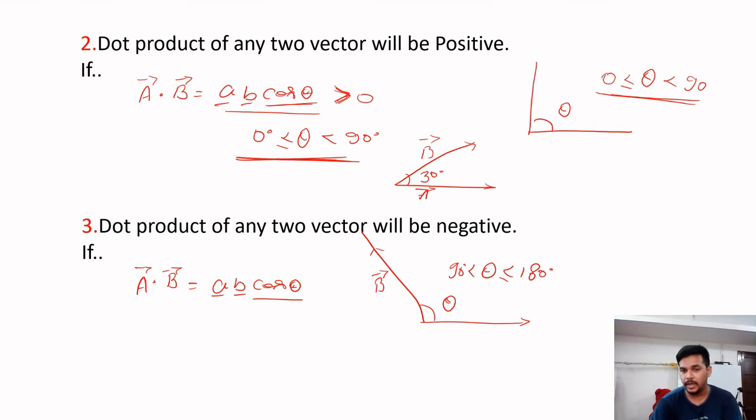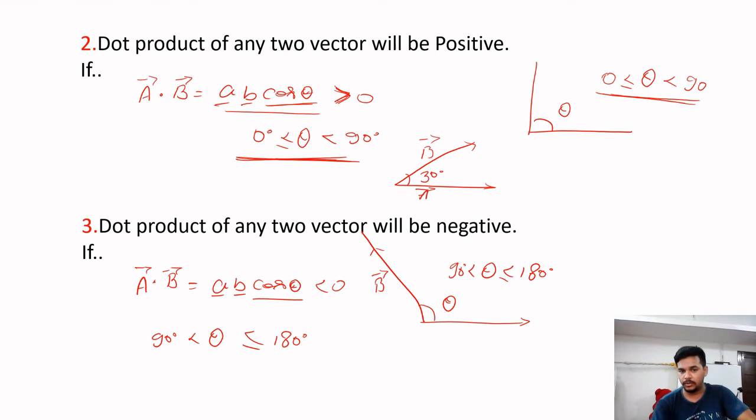So the dot product will be negative, less than 0, if theta lies between greater than 90 degrees and less than or equal to 180 degrees.